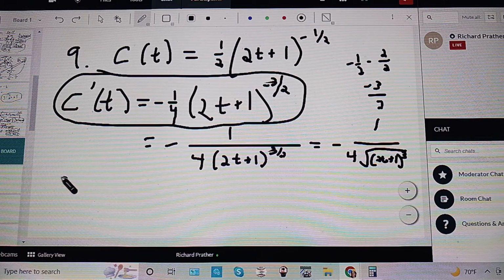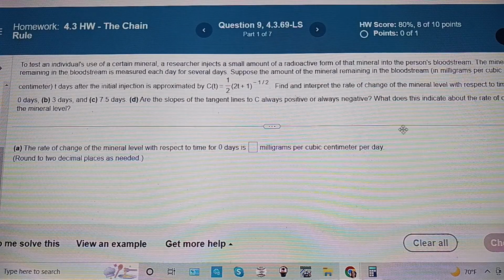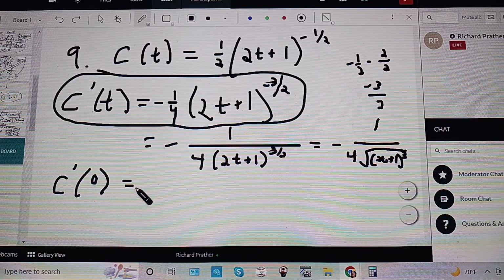But they want me to plug in 3 numbers starting with 0 first. So part A is find the rate of change for a time of 0 days. So in other words, t equals 0, but you got to plug it into your rate of change derivative function. It's hard to plug it in here or here because you got these negative and fractional exponents. But plugging it into the radical might be easier.